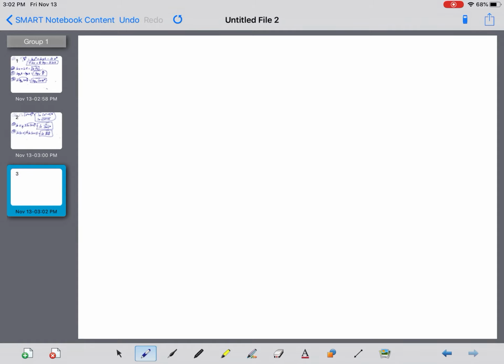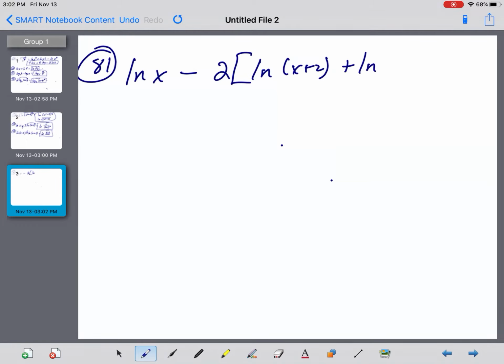All right, here we go. Crazy ones, because I got some deep brackets in them. 81. Natural log of x minus, so the minus tells us we're going to have division here, 2 times the natural log of x plus 2 plus the natural log of x minus 2. So got to look in the brackets here. I'm going to bring these together by multiplication because of that plus.